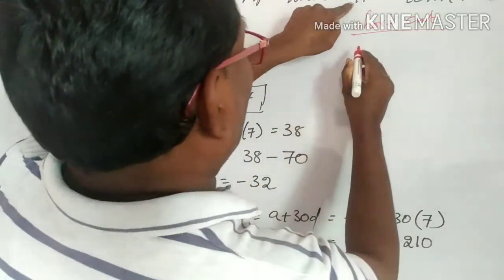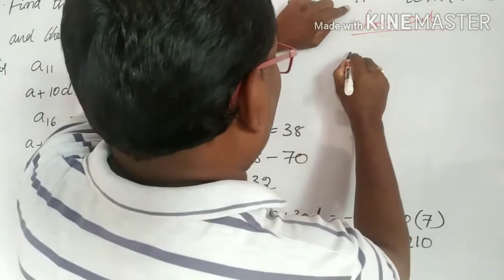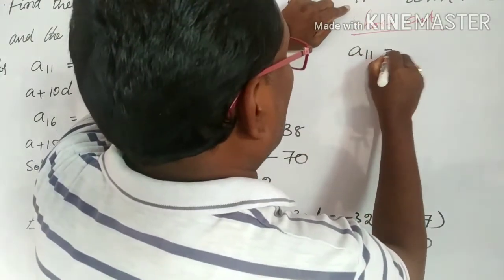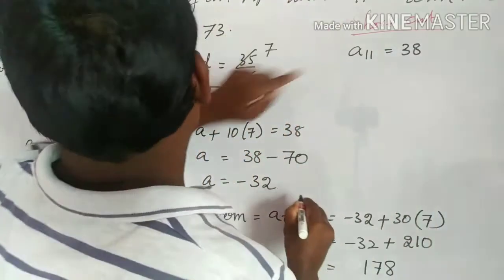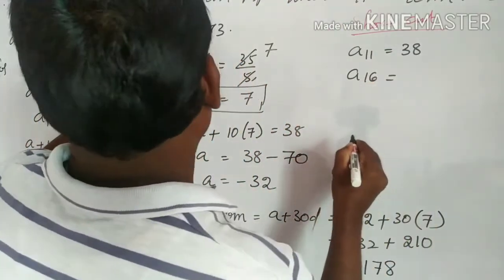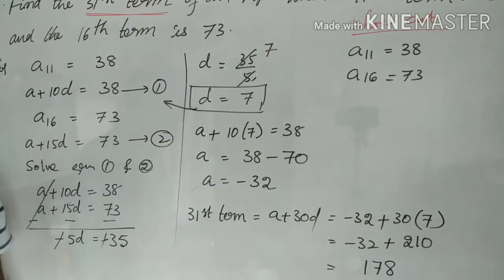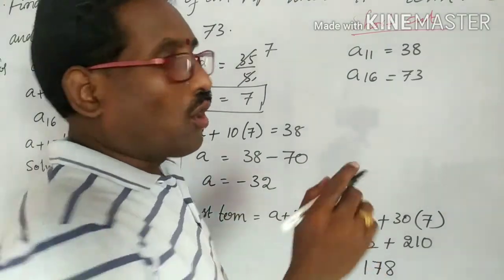A11 is equal to 38 and A16 is equal to 73. First, find the common difference.